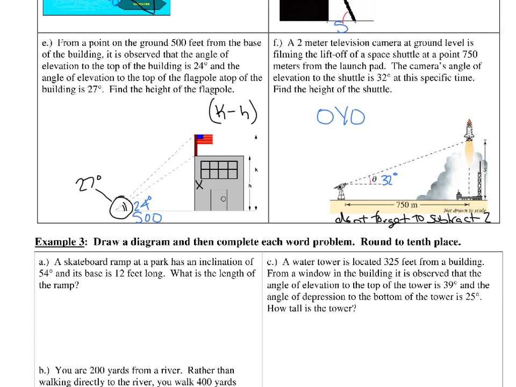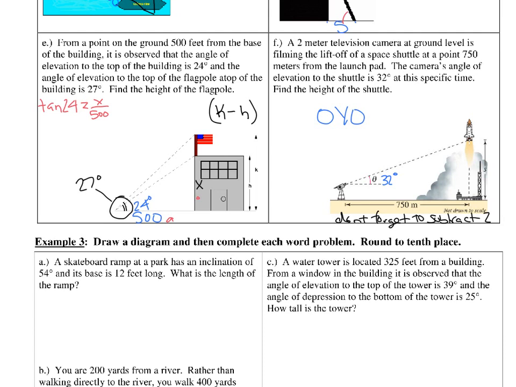So, based on, and this means we're using the 24 degrees here because that refers to the height of the building. That's the angle of elevation there. So, we are given opposite and adjacent. So that means we are using tangent. So tangent of 24 degrees is equal to opposite over adjacent.